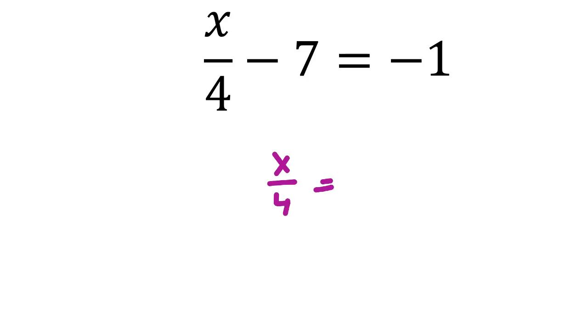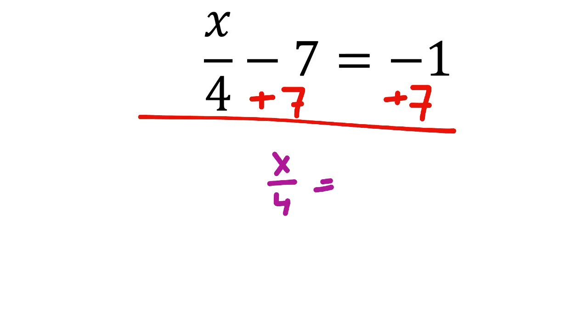So how do I make that minus 7 go away? Again, make it a 0 by adding 7 to both sides of the equal sign, okay? And this maintains equality. Negative 7 plus 7 is 0. Negative 1 plus 7 is positive 6.